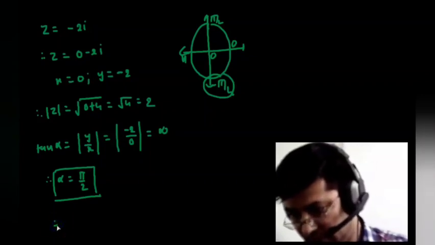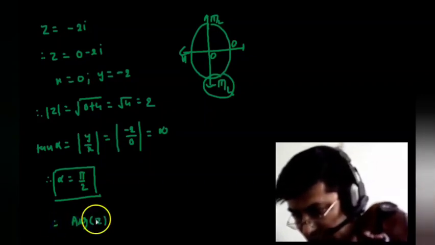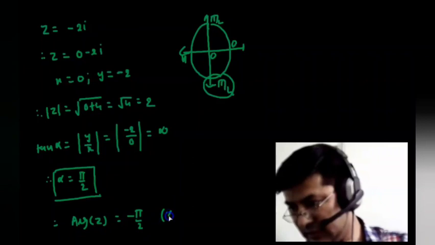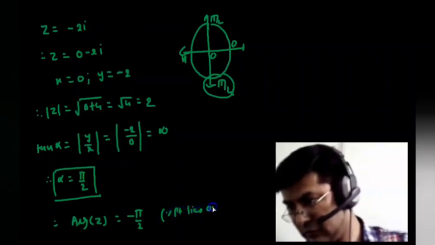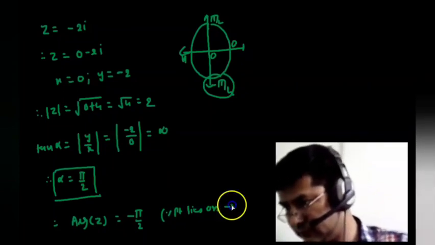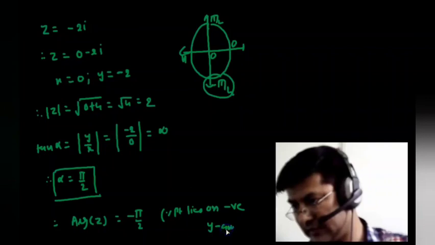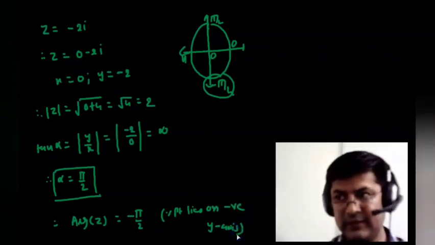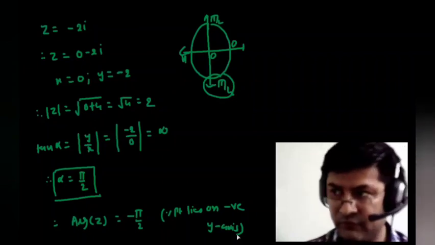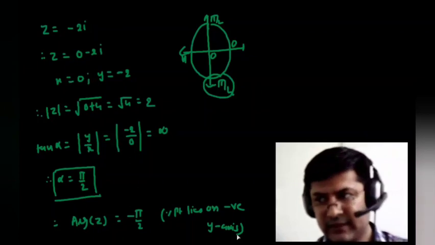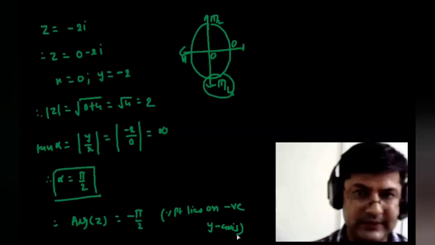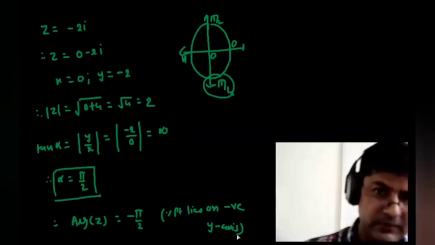Therefore argument of z will be minus pi by 2, since the point lies on the negative y-axis. Clear? Similarly, if the point lies on the positive y-axis, you will take the argument to be pi by 2. If the point lies on the positive x-axis, you will take theta to be 0, and if the point lies on the negative x-axis, you will take theta to be pi.